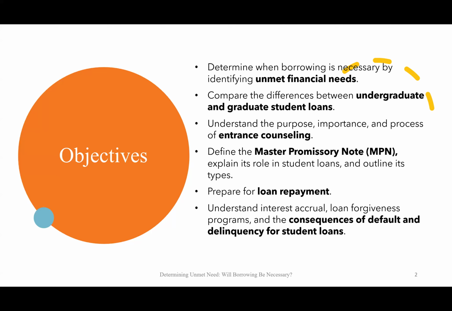Next is preparing for loan repayment, and lastly, understanding interest accrual, loan forgiveness programs, and the consequences of default and delinquency for student loans. So let's get right into it.